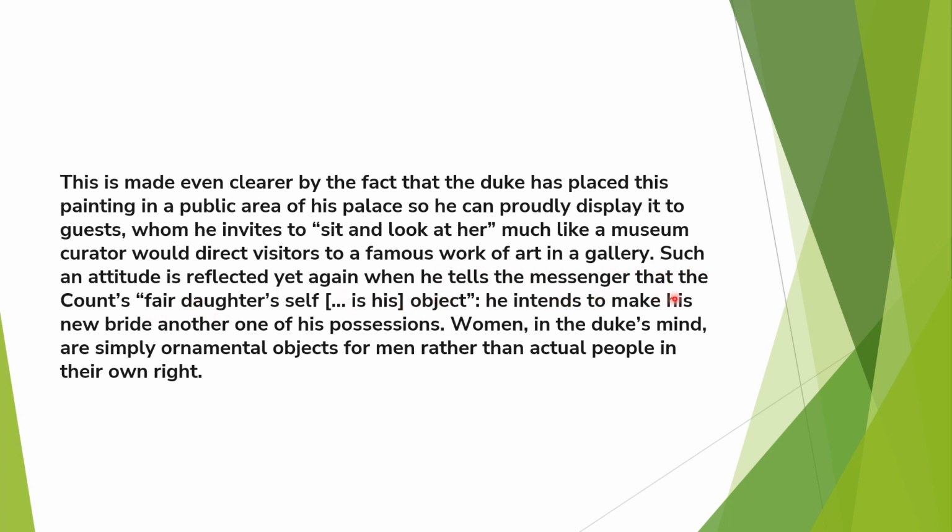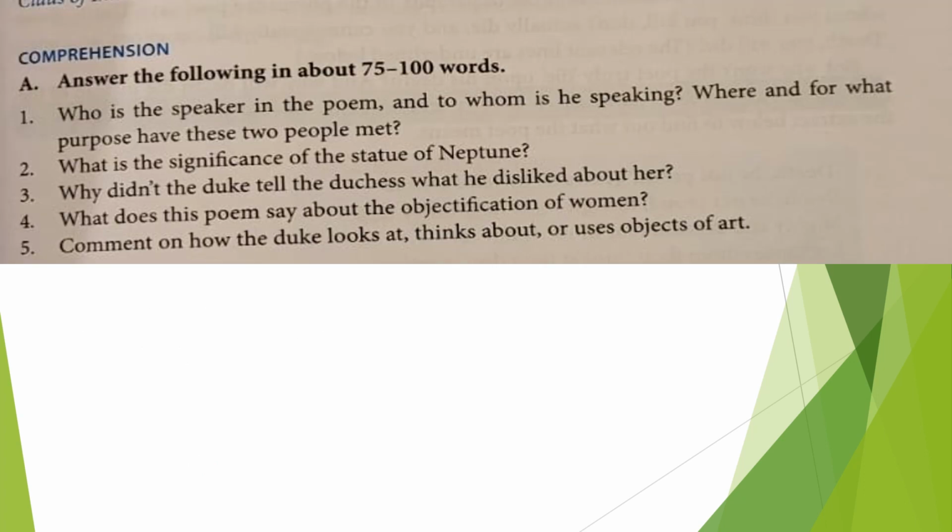Such an attitude is reflected yet again when he tells the messenger that the Count's fair daughter's self is his object. The second girl, the second bride, is going to be his object. He intends to make his new bride another one of his possessions. Women in the Duke's mind are simply ornamental objects for men rather than actual people in their own right.